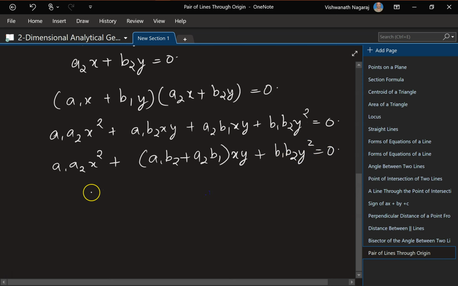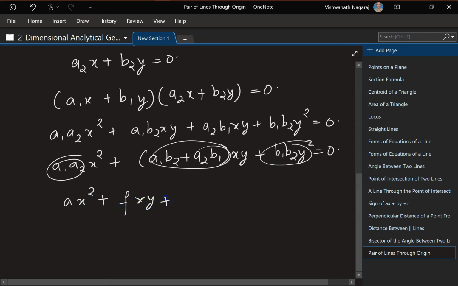Now let's combine this into a single letter. Let's substitute this with a single letter and this with a single letter. So let's say ax square plus fxy plus by square equal to 0. So you have an x square, you have a y square, and you have xy.